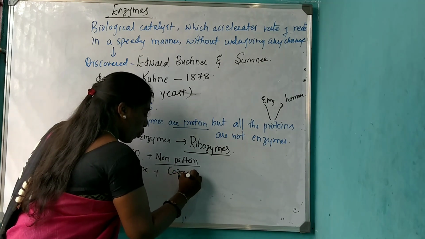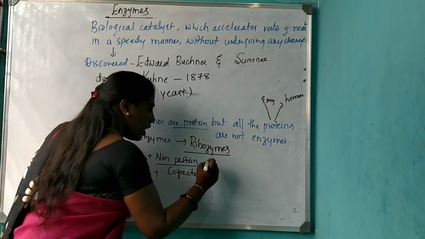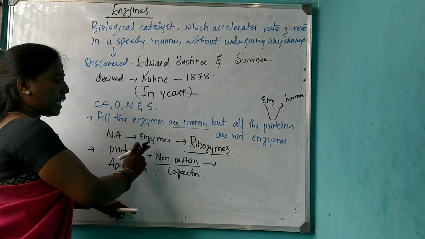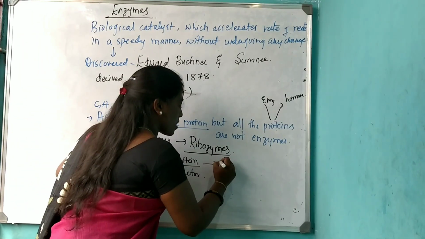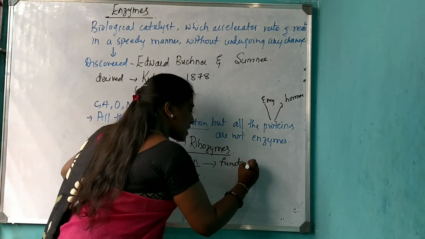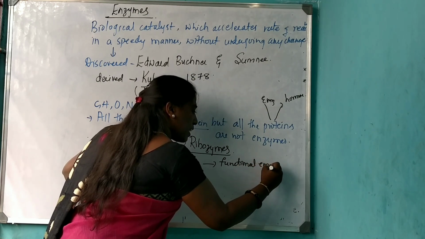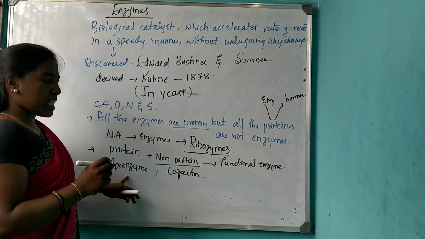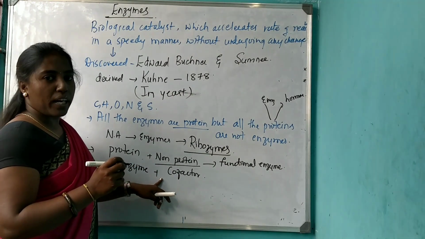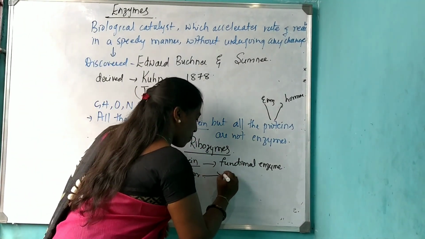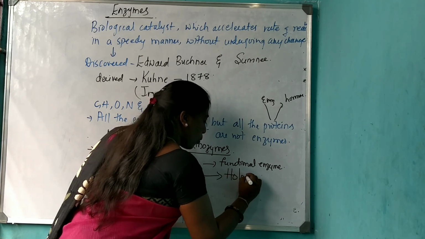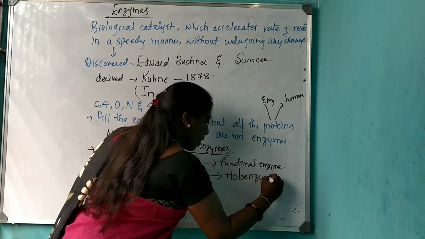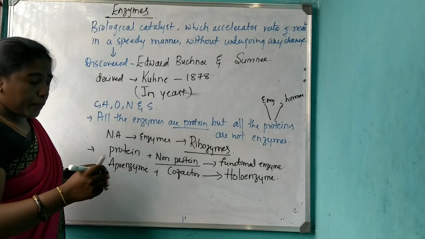Together, the protein and non-protein parts produce the functional enzyme. Here the protein part is the apoenzyme, the non-protein part is the cofactor, and together they produce the functional enzyme called the holoenzyme. Next.